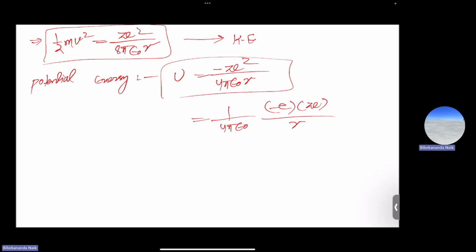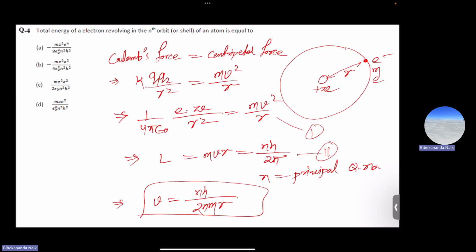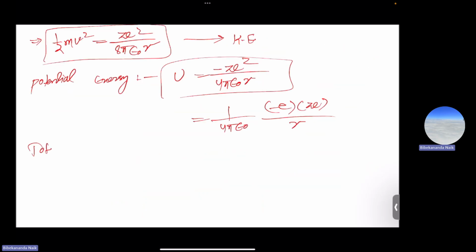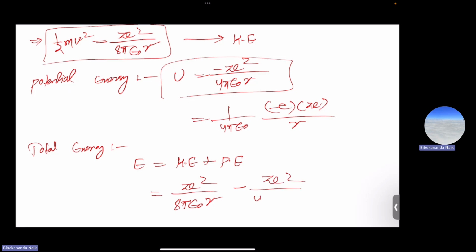So the question says the total energy of the electron. So the total energy will be kinetic energy plus potential energy. So kinetic energy is equal to Z e square divided by 8 pi epsilon 0 r minus Z e square divided by 4 pi epsilon 0 r.